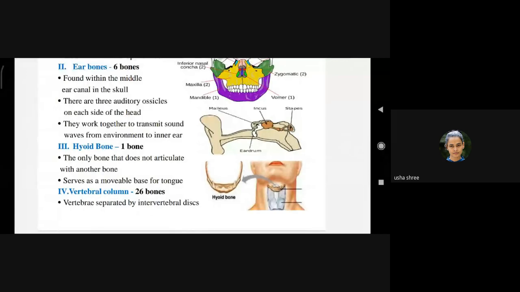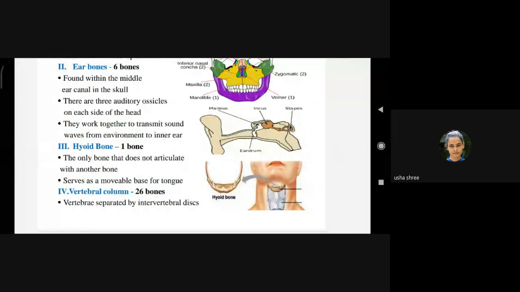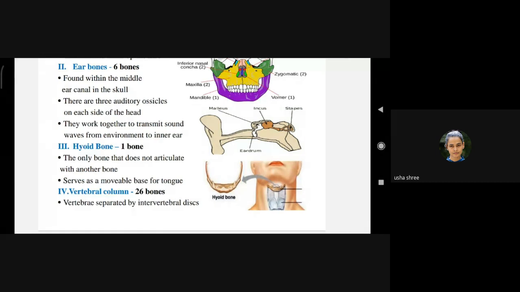Means every bone in the body is connected with another bone. There are joints between 2 bones everywhere. But this hyoid bone does not form any joint.